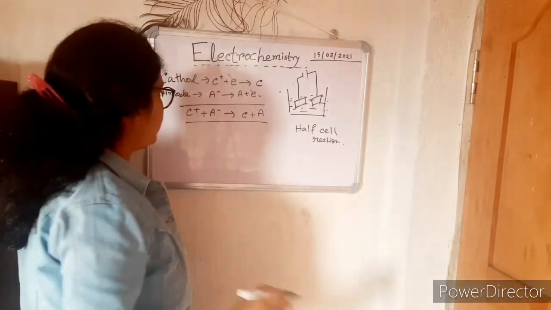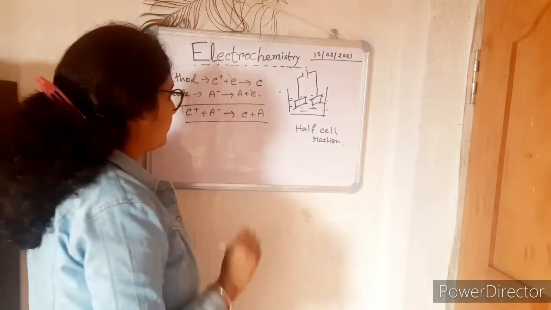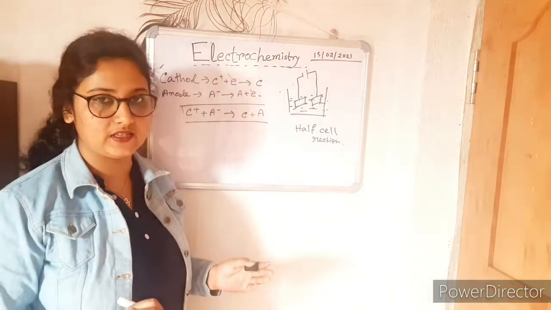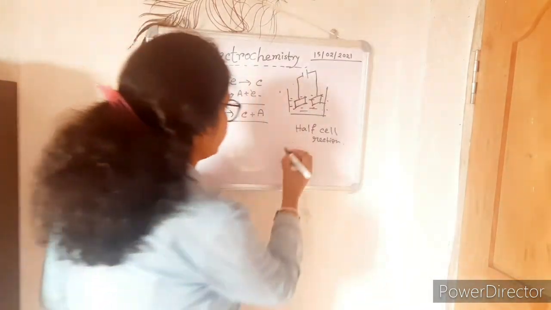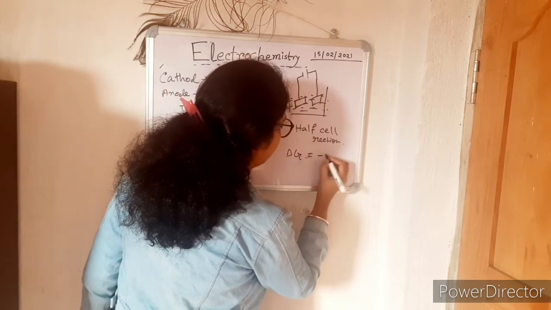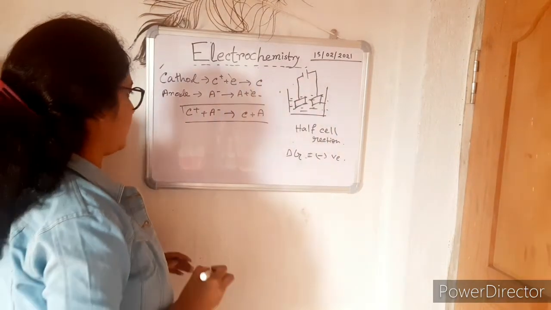Now you all know that, from thermodynamics, a chemical reaction happens spontaneously when the Gibbs energy change del G is a negative value. So this reaction is known as a spontaneous reaction.